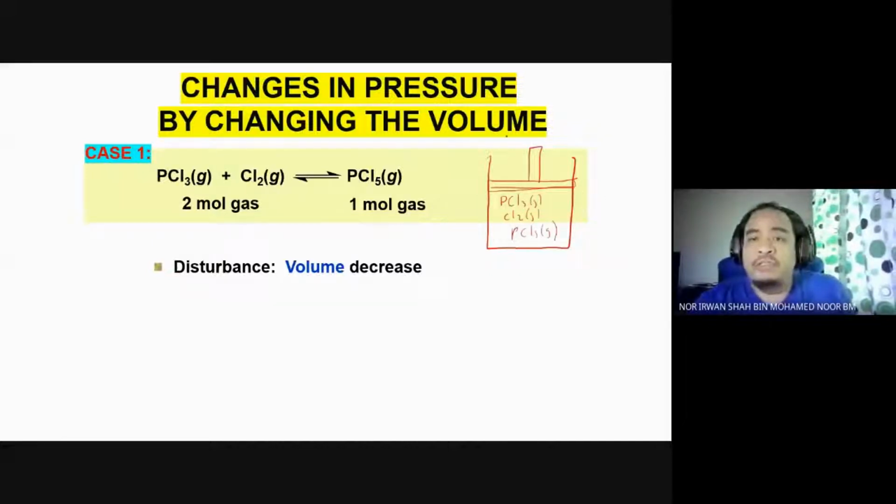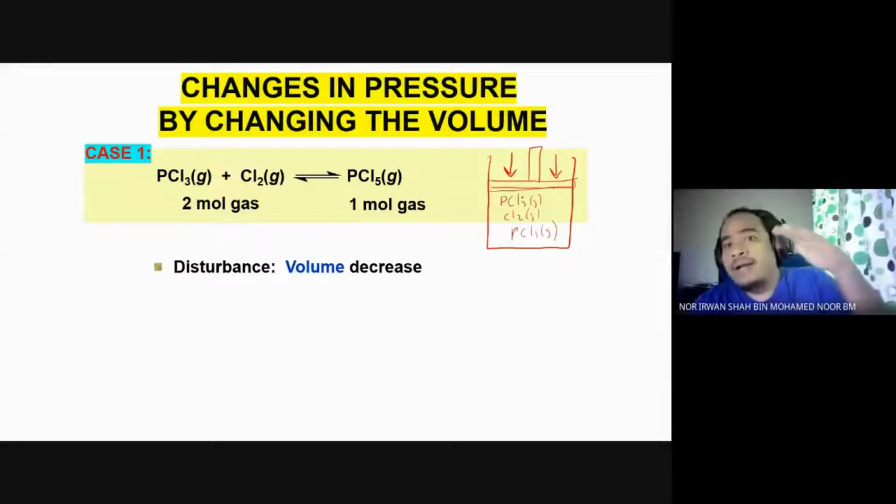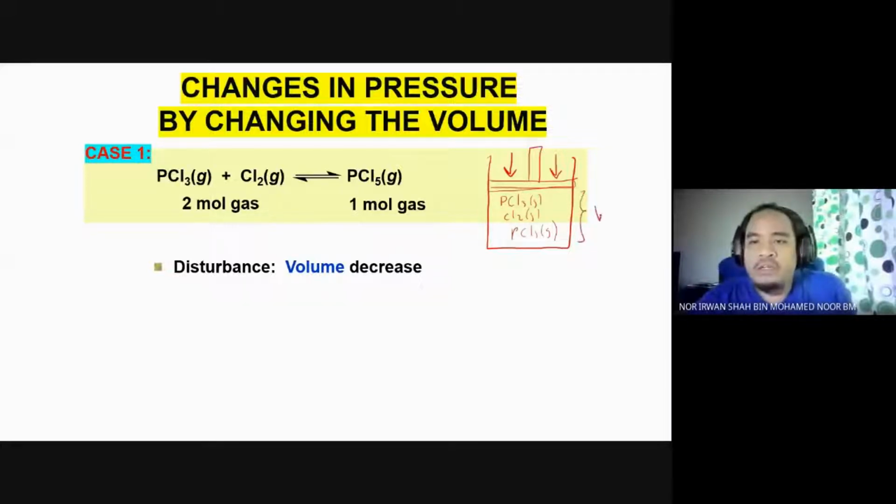Then we push the piston down and compress the gases, so the volume is decreased. What will happen to this equilibrium system when the volume is decreased?